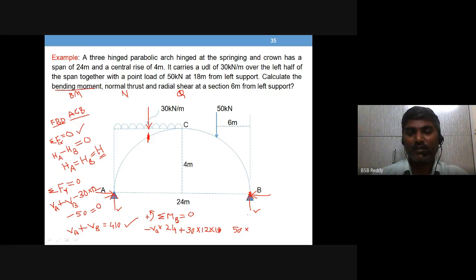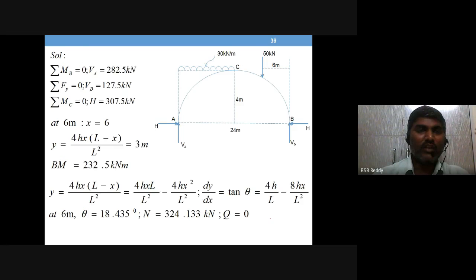It is straight away available, 6 meters. What direction is it? Anti-clockwise, minus. So that is equal to 0. So this is how you calculate the VA value. Okay, let me show you what the VA value is.